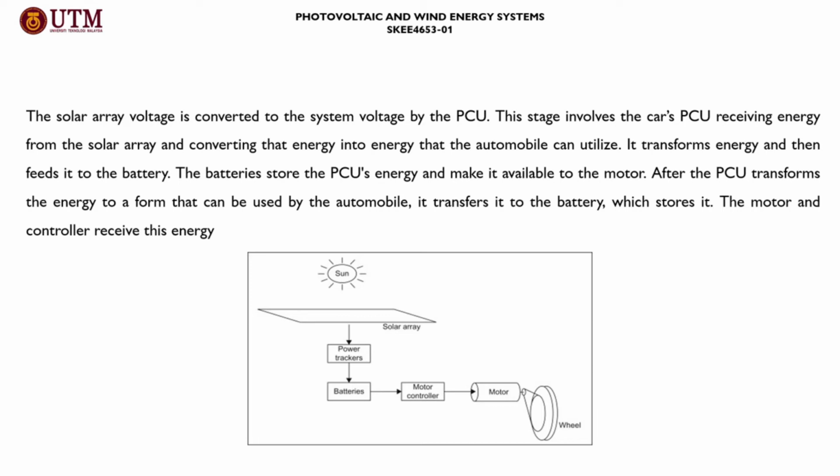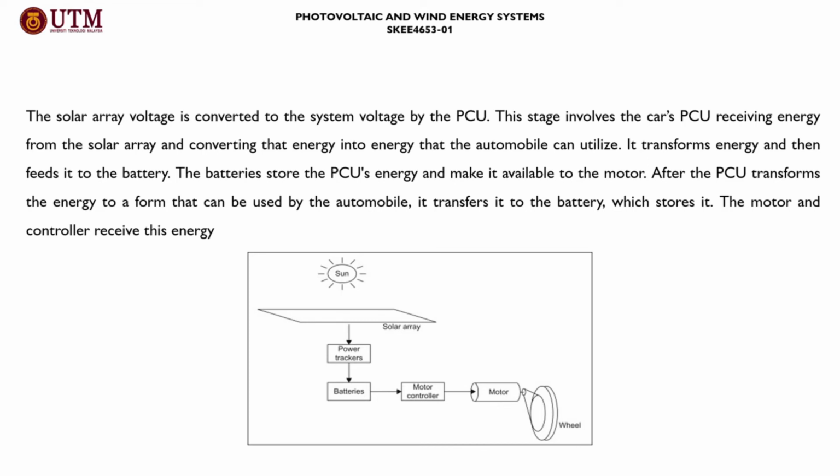The battery stores the PCU energy and makes it available to the motor. After the PCU transforms the energy to a form that can be used by the automobile, it transfers it to the battery, which stores the energy.